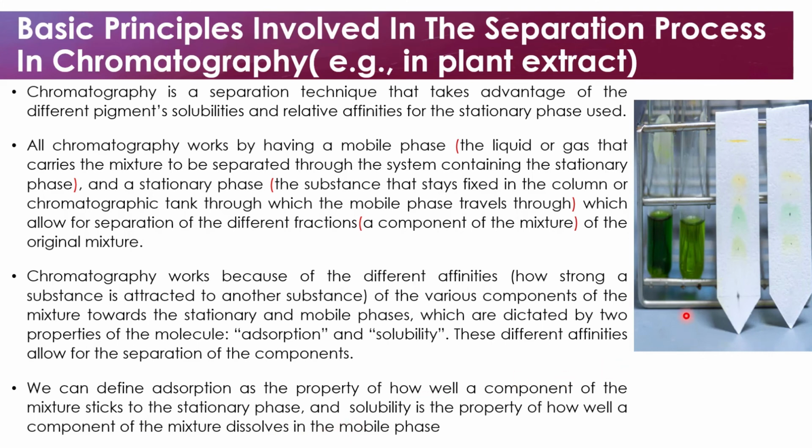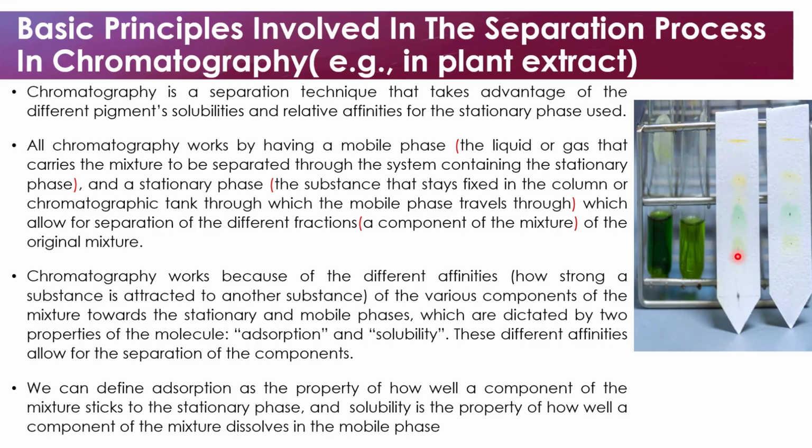So now let us use this chromatogram in our paper chromatography as an example. From the chromatogram here, this plant pigment, which is likely to be chlorophyll B, adsorbs the most onto the stationary phase, while this plant pigment, which is likely to be carotene, dissolves best in the mobile phase.